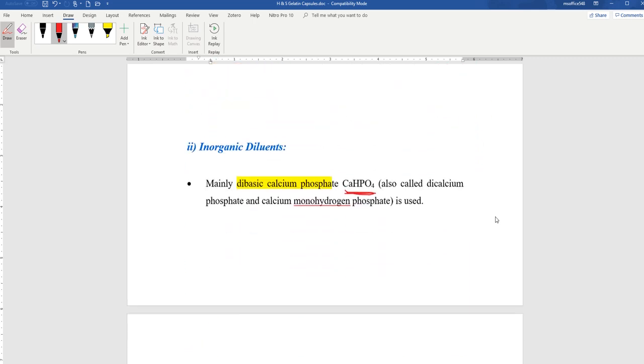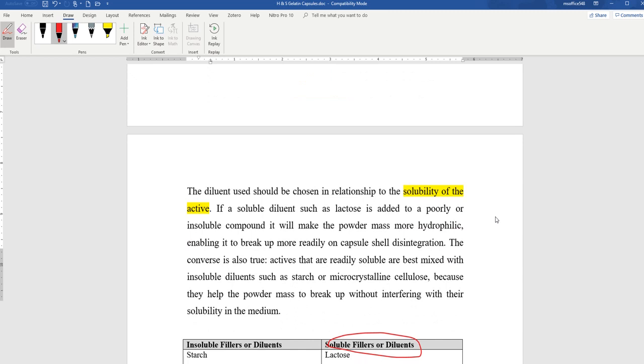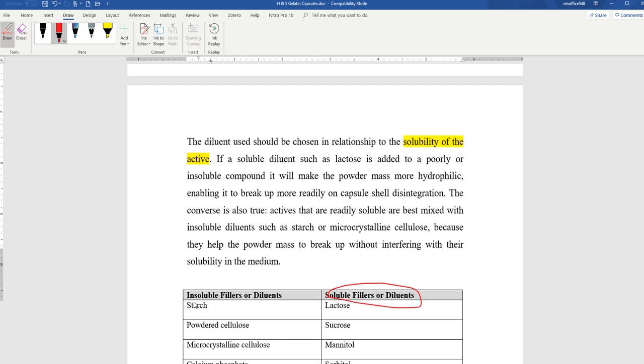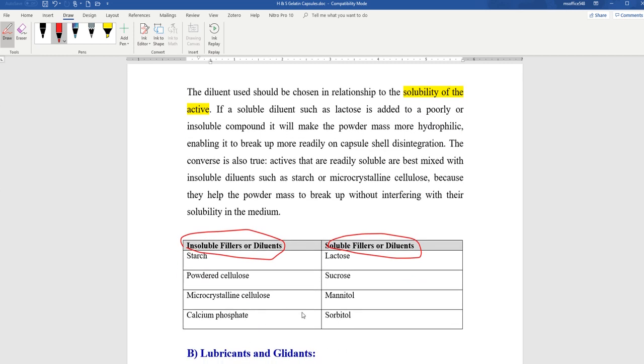Now if the opposite, let's say your drug is soluble in water, in this case use insoluble diluents or fillers, like starch, cellulose, microcrystalline cellulose, calcium phosphate. Now, these materials can wet. There is no problem with wetting.